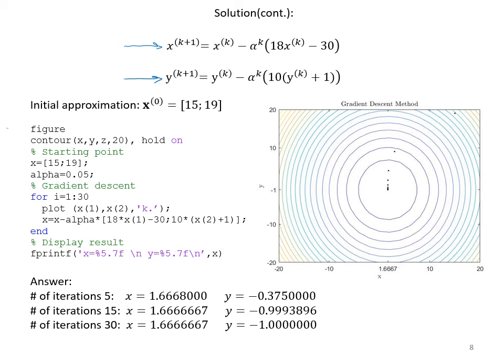First, I create a new window, and then I want to create contour like that, so in order to see how a solution changes from iteration by iteration. Then I pick initial approximation. In my case it's 1519, which is here.